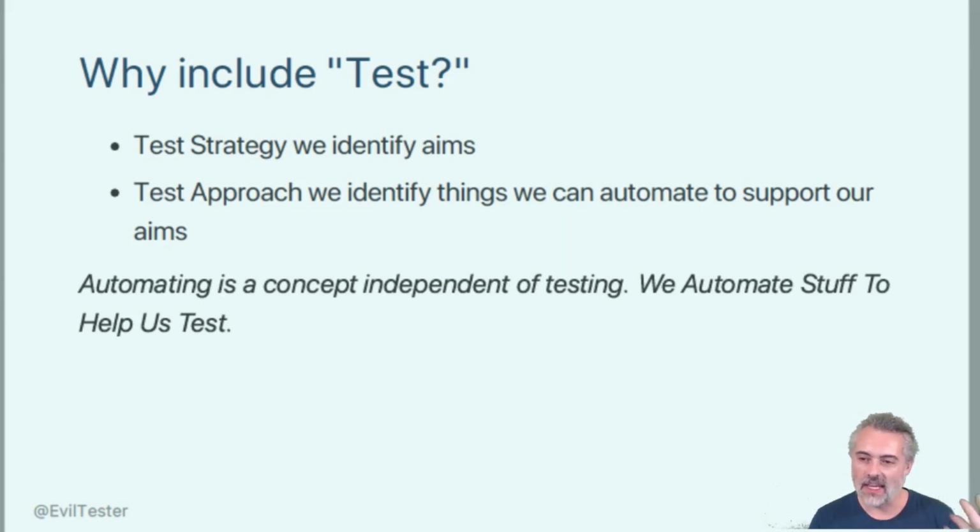We have the high-level aims that we want to achieve when we're testing. We also have our approach, right? How we will do things. So we already have high-level goals and understanding of what we're trying to do. So all we really do then is automate support for our aims within that. But a lot of people seem to think of, anytime they think of automation, they think of it must be something to do with testing.